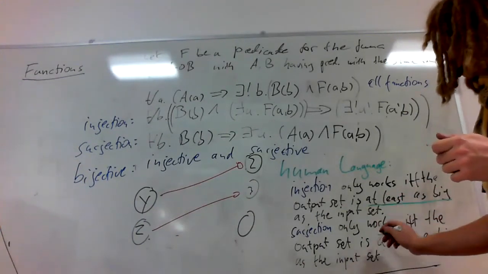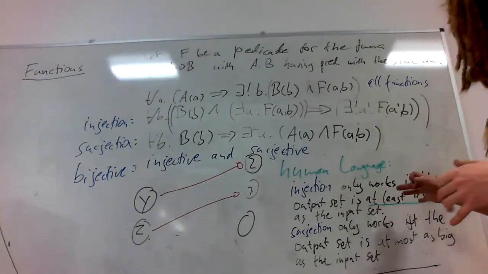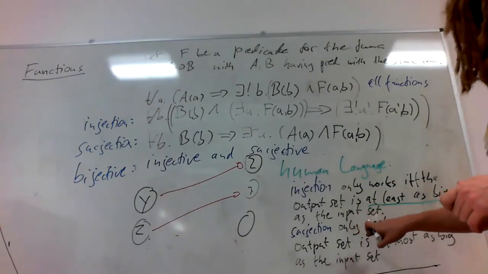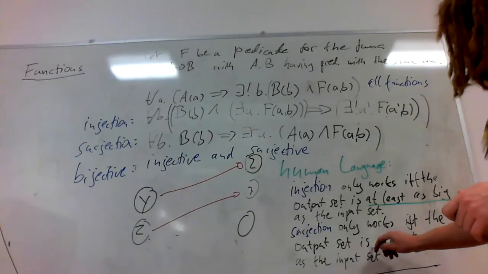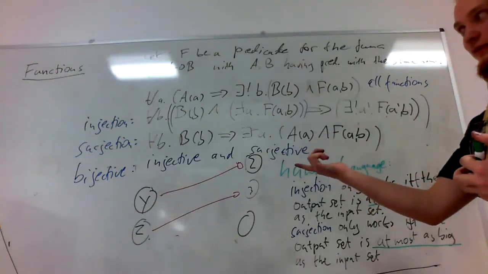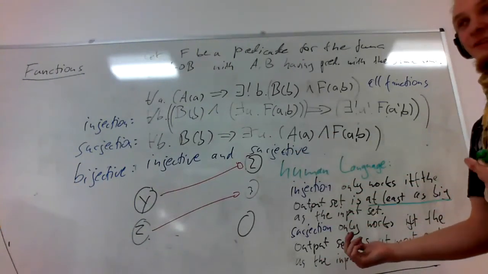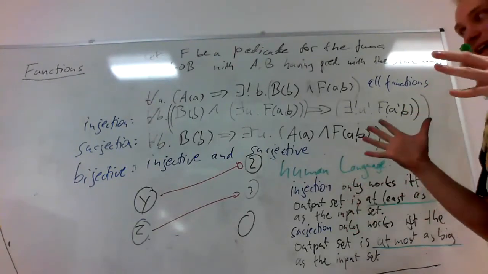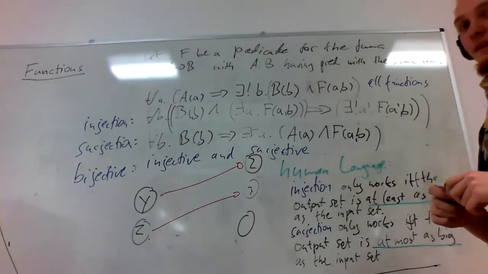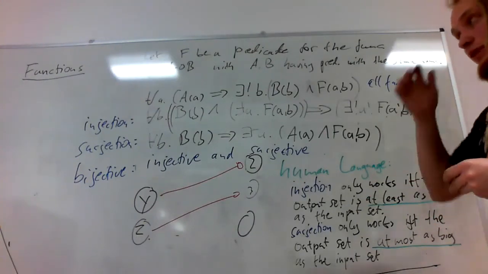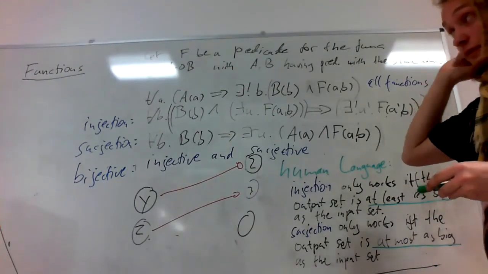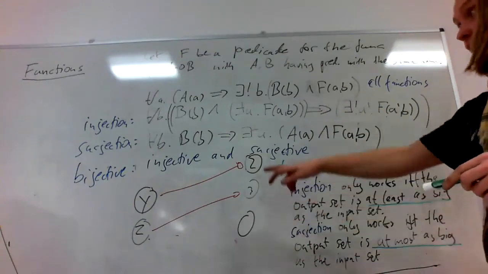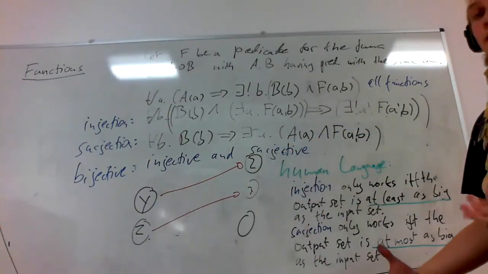So we have here injection, where the output is at least that big. The surjection is the opposite. And now obviously for bijection, it follows, if it's at least and at most that big at the same time, it has to have exactly the same size. So for example, you can describe cardinalities of sets with injection and surjection, and if you have a bijection between 2 sets, they have the same cardinality.